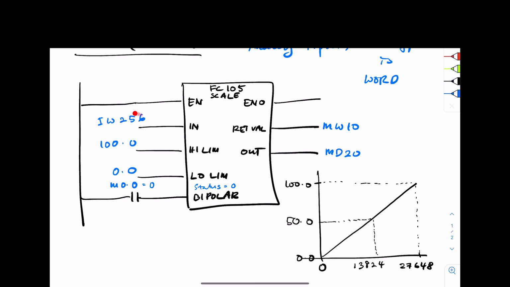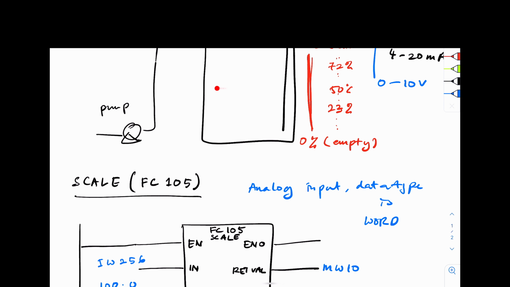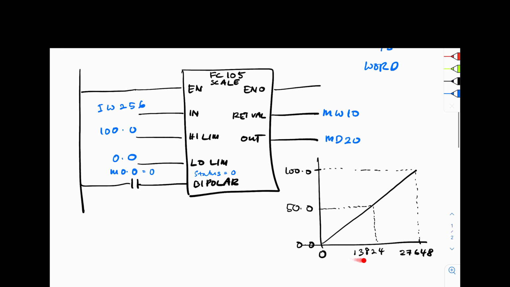So when this particular sensor reads a level of about 50%, it actually corresponds to 13,824, and when it reads 13,824, the output, which is this output, will provide us 50.0, which indicates that the tank is 50%.